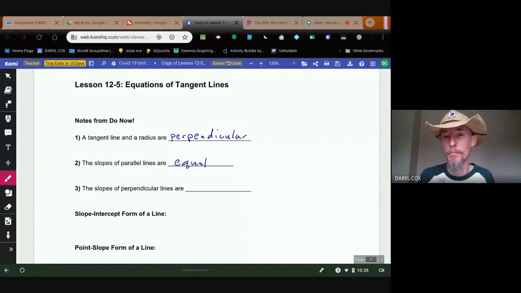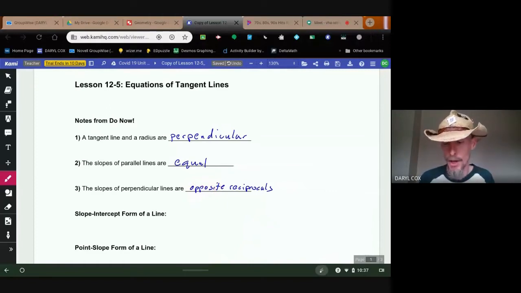What about slopes of perpendicular lines? Perpendicular lines have slopes that are opposite reciprocals. Remember, that does two things. The term opposite means that we're changing the sign. So if my slope was positive, the new slope is negative. If my original slope was negative, the new slope is positive.